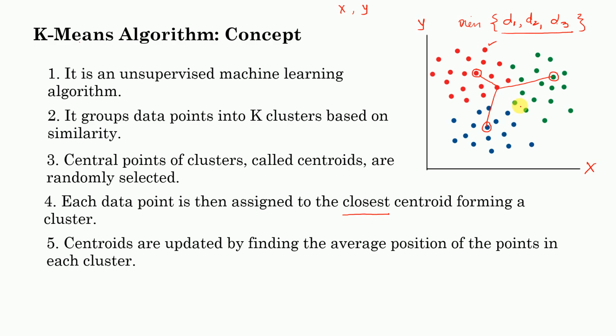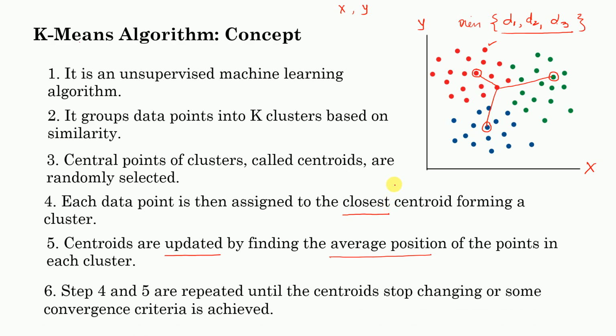Now we have to find the centroids again, means we have to update the centroids. Initially we assumed centroids this one and this one. Now we have different points in cluster 1, cluster 2 and cluster 3. So we have to update the centers by calculating the average of all the points in a cluster.